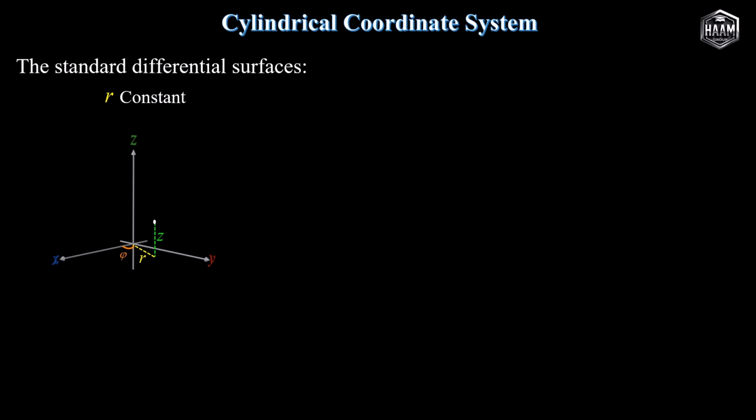Consider a point with coordinates r, phi, and z. In generating this surface, we are not permitted to change the point's distance from the z-axis. However, we can give it an arc, changing it along the phi direction.